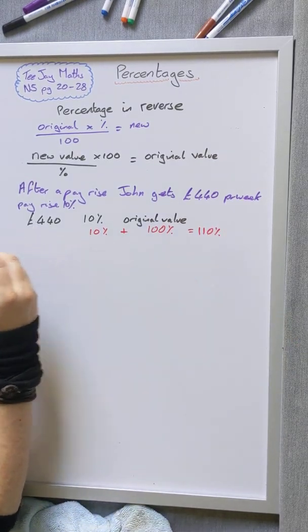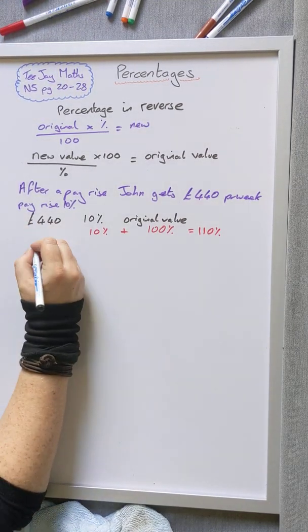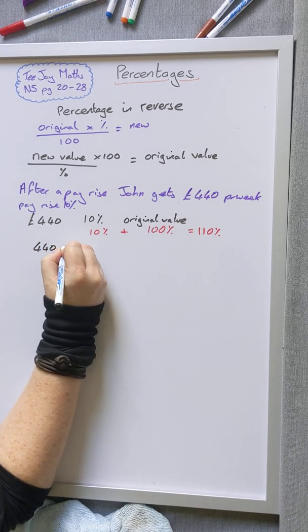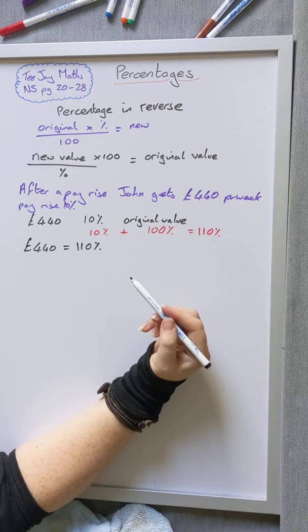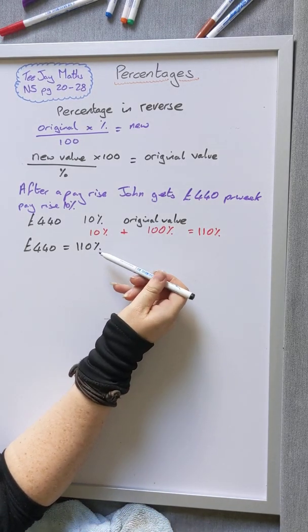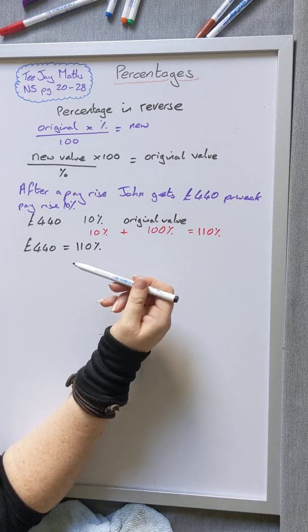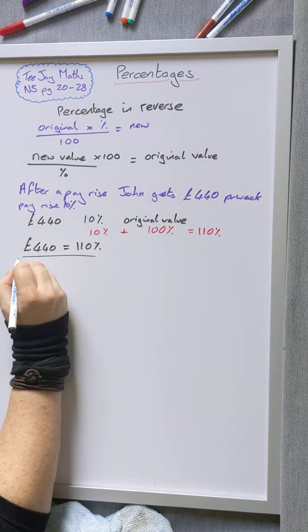Now if you write on your exam paper that 440 is 110%, there is 1 point available just for that, for recognising that your value is not the 100%. It's always worth writing down that.